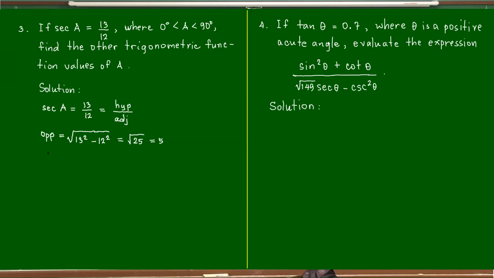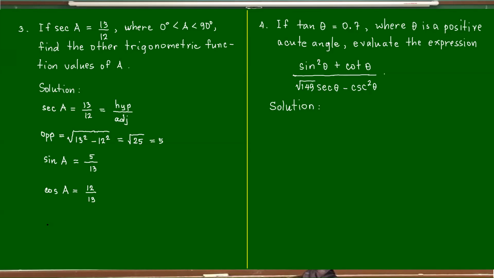What are the remaining functions? Starting with sine of A, or simply sine A. What is sine A? Sine A is opposite over hypotenuse, so 5 over 13. What about cosine? Cosine A is adjacent over hypotenuse, 12 over 13.